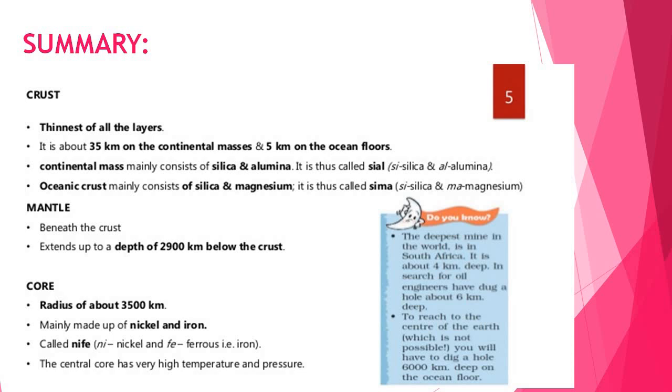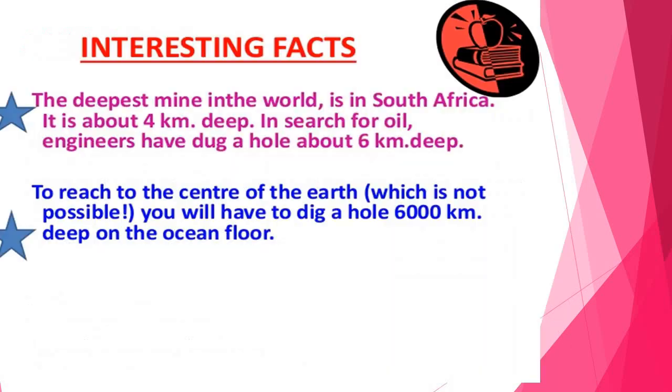The mantle is just below the crust, and extends up to 2900 km. The core has a radius of about 3500 km. It is mainly made up of nickel and iron, Ni representing nickel and Fe representing ferrous or iron. The central core has very high temperature and pressure.